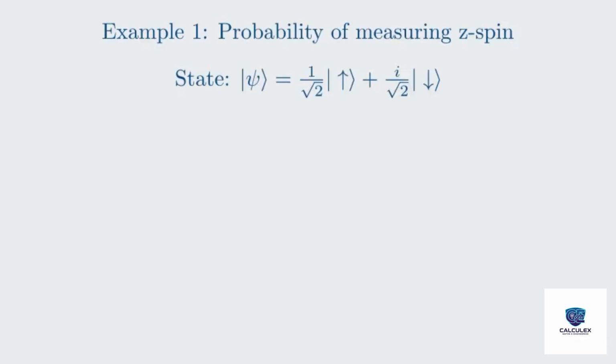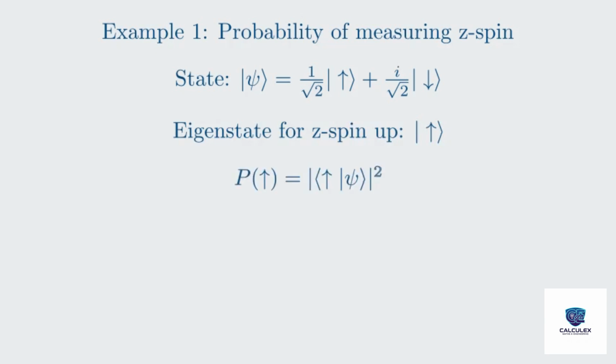Suppose a particle is in a state psi equals 1 over root 2 times up plus i over root 2 times down. This state vector can be visualized. The amount of the up basis vector is 1 over root 2, and the amount of the down basis vector is i over root 2. What is the probability of measuring z spin up? First, we find the eigenstate for z spin up, which is up.